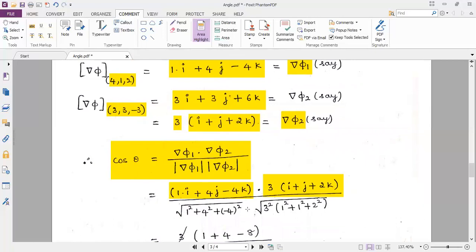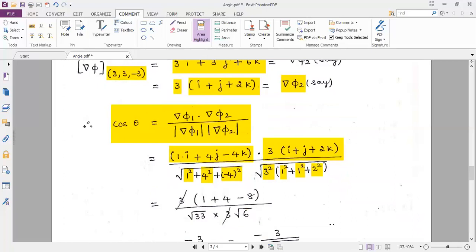So square root of sum of the squares of the components of phi 1, that is i component is 1, so 1 square, j component is 4, 4 square, k component is minus 4, so minus 4 whole square, into magnitude of grad phi 2. So magnitude of grad phi 2 again square root of constant 3, so 3 square into i component 1, 1 square plus j component is 1, so 1 square plus k component is 2, 2 square.